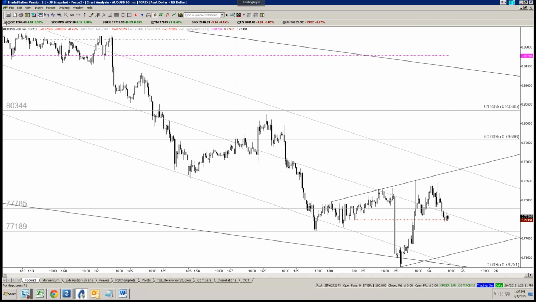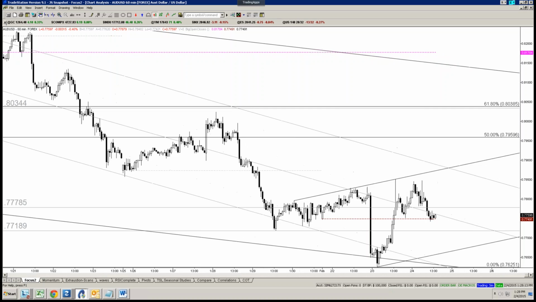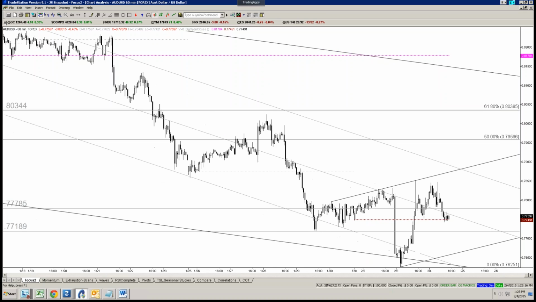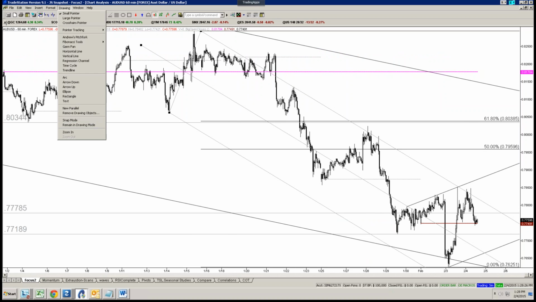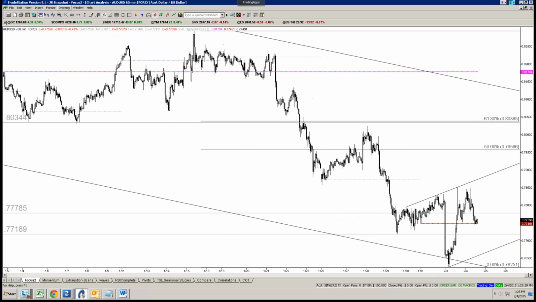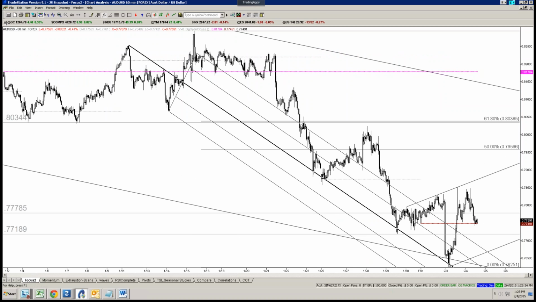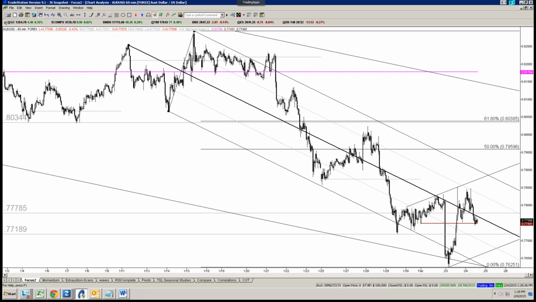So it doesn't mean you don't point out some levels. And with Aussie, something to watch for: we have this Pitchfork. You can see I have gray right here. I don't know why it's all the way over there. Let's see. Hold on. Okay.